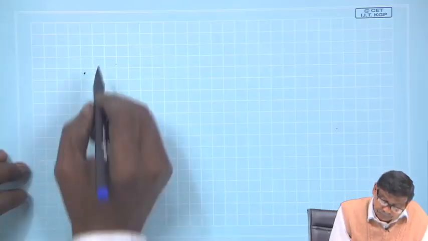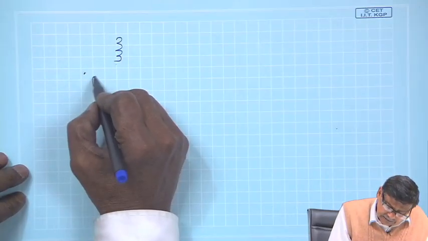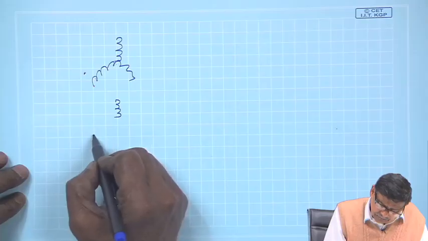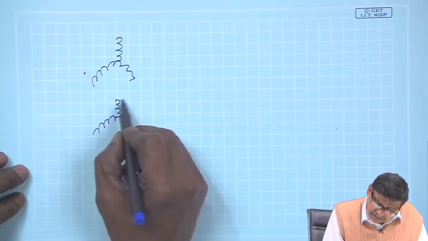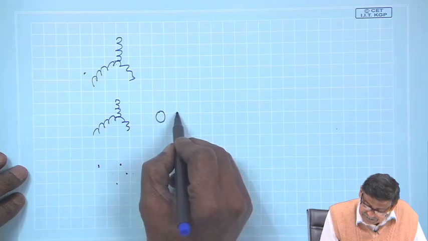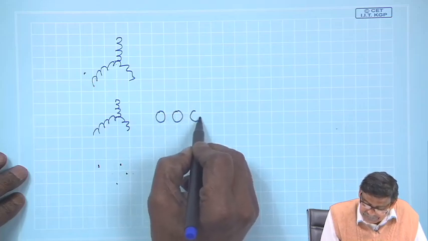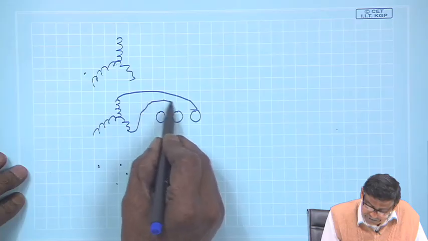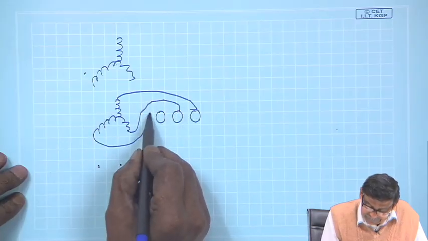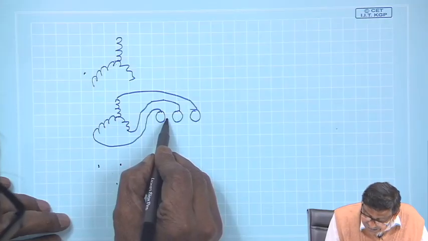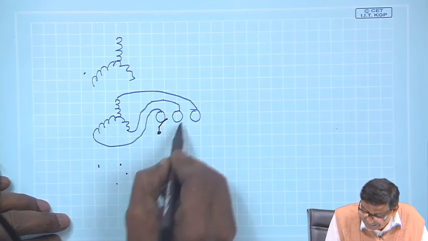This is the stator, and the rotor has a 3 phase winding like this. In some books you will find the connection shown like this: 3 slip rings terminated at these points here, and there are fixed brushes indicated by this.